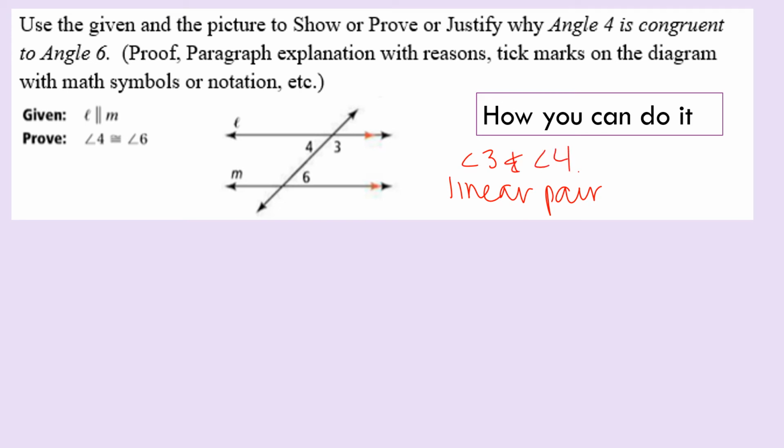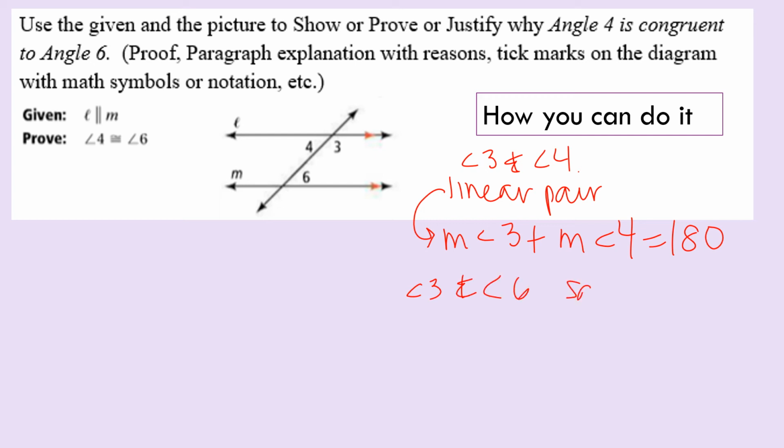So that means that the measure of angle 3 plus the measure of angle 4 equals 180. Then, you can put an arrow here, whatever you want. Then I said angle 3 and angle 6 are same side interior, and same side interior angles equal 180.